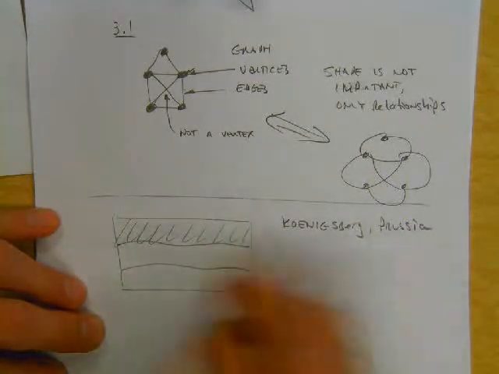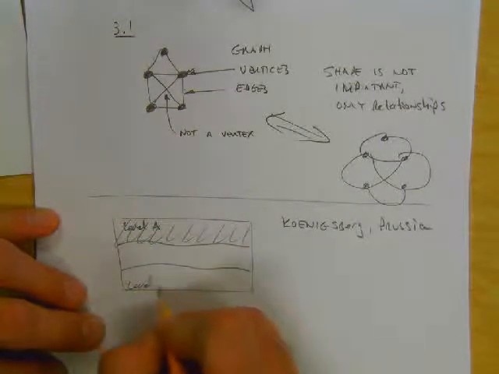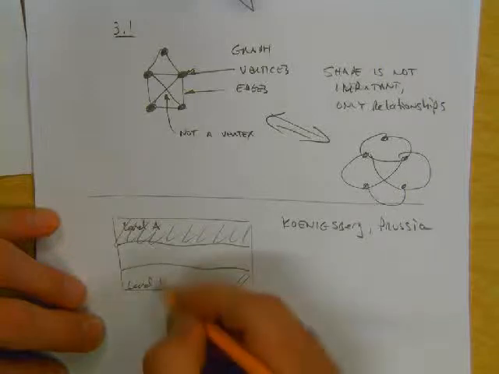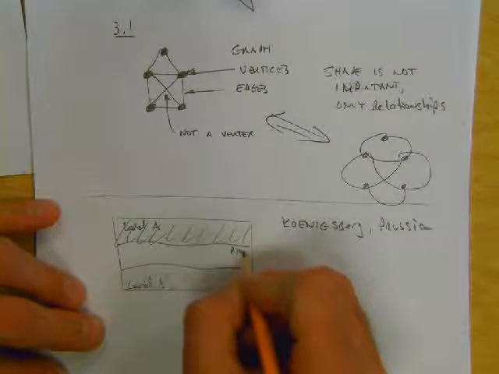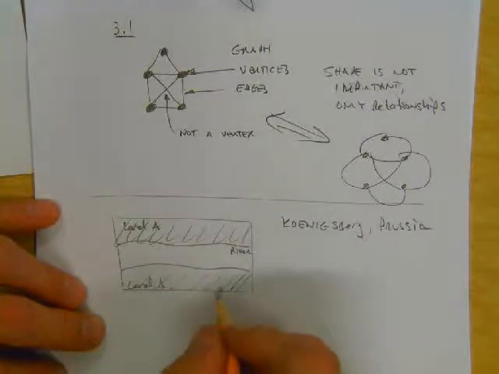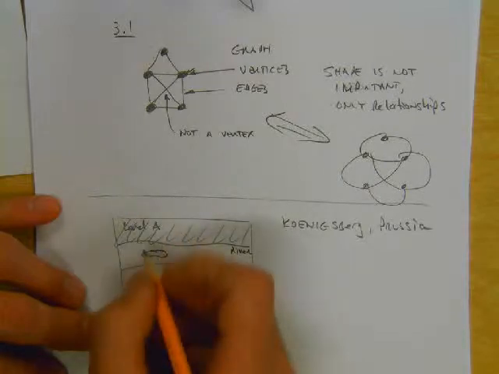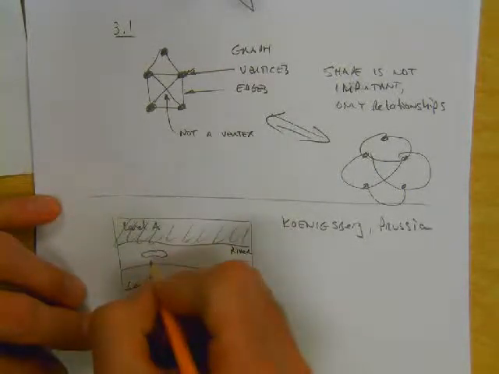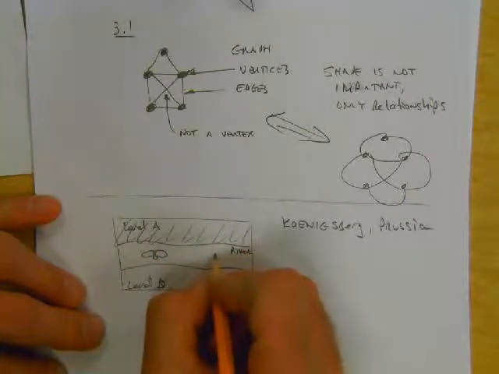We'll call that land A, and there was land B on this side, and then there was a river that ran through it. Okay, and in this river there was an island B. Whoops, I'm going to call that land D. This is island B, and there was another island C.